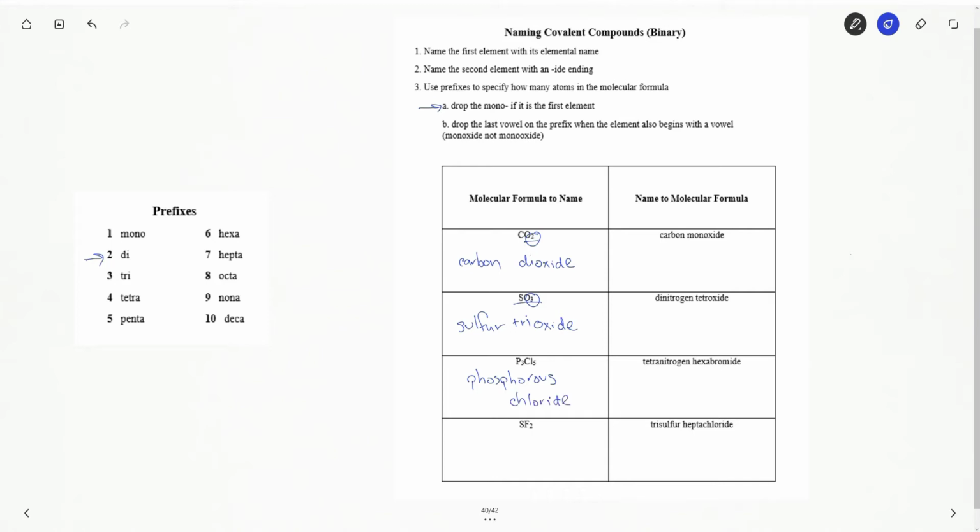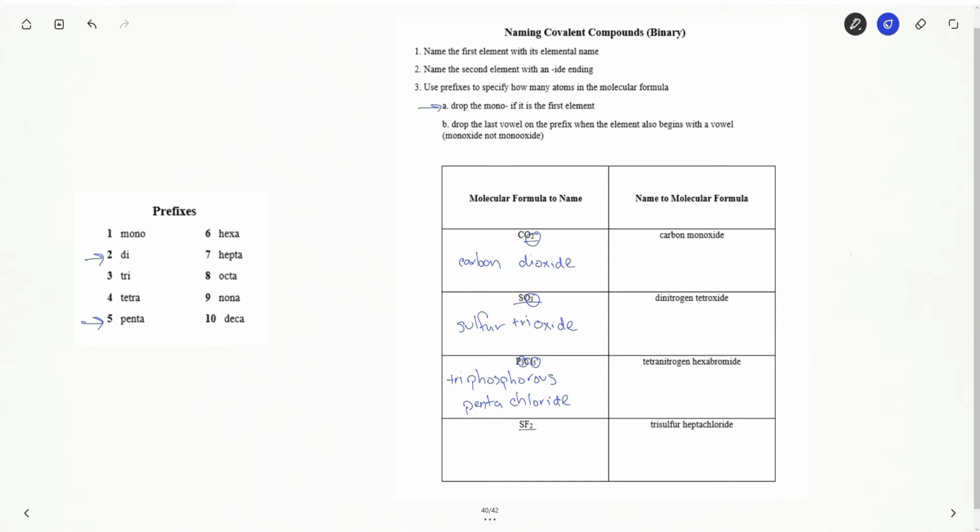Now I need to use my prefixes to tell the reader how many of each I have. For phosphorus, I see I have three, so that will become triphosphorus. For chlorine, I see that I have five. Here, if I go to my prefixes, I see that 5 is penta. So this compound is triphosphorus pentachloride.